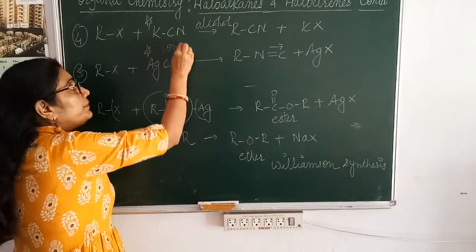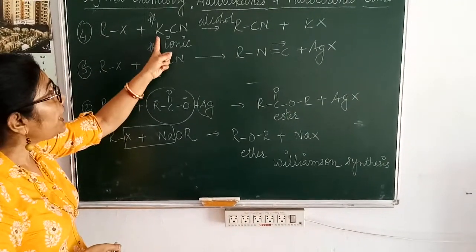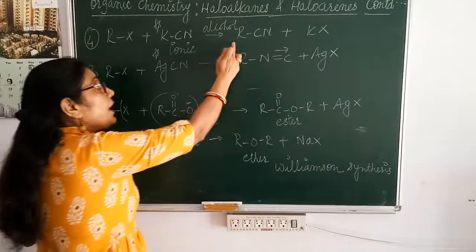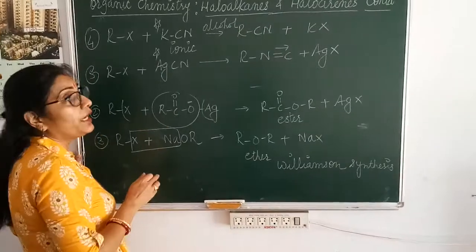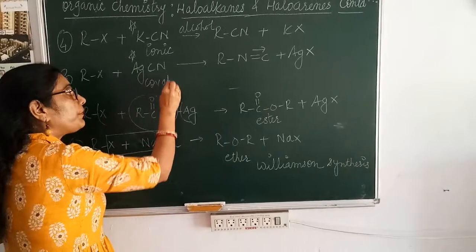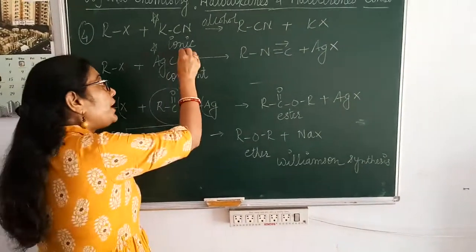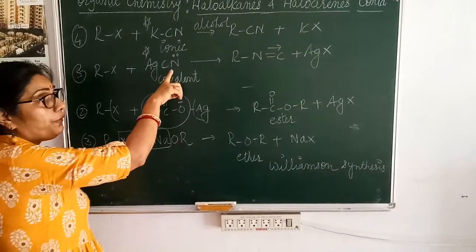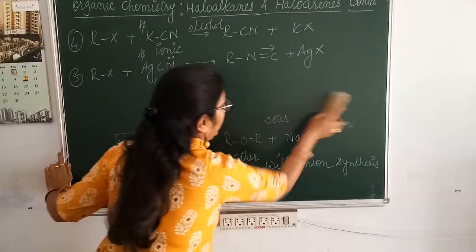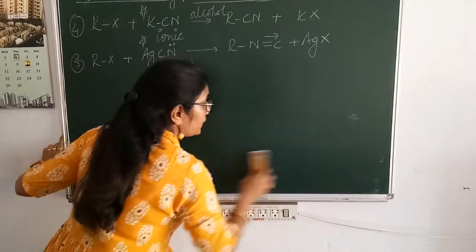Potassium cyanide, being ionic in nature, dissociates into K plus and CN minus. But since the carbon-carbon bond is relatively stronger, the product is cyanide. But AgCN, being covalent in nature, only nitrogen becomes the attacking site or nucleophilic center, and hence the product will be isocyanide. That's very important, and this question is given in the exercise as well.